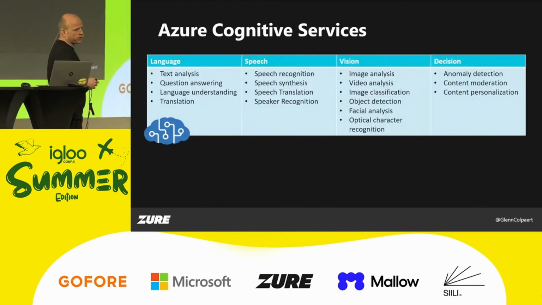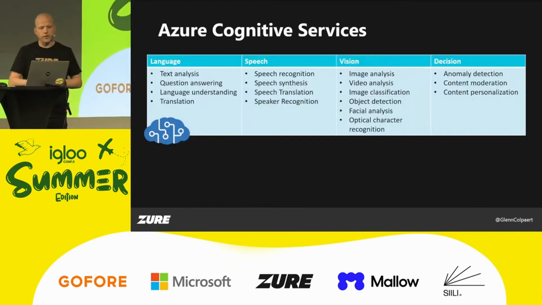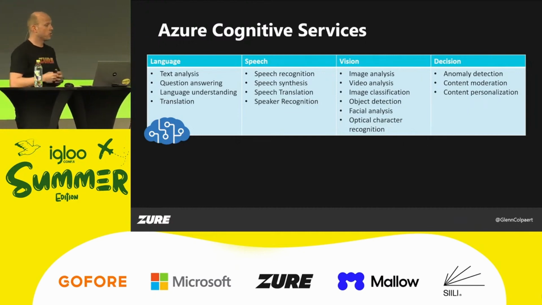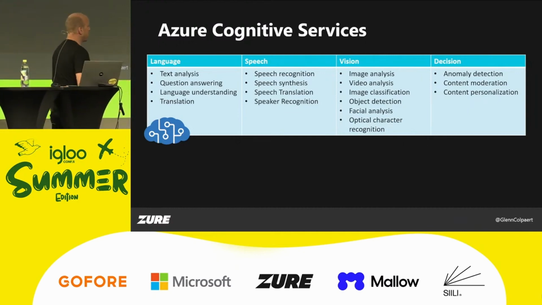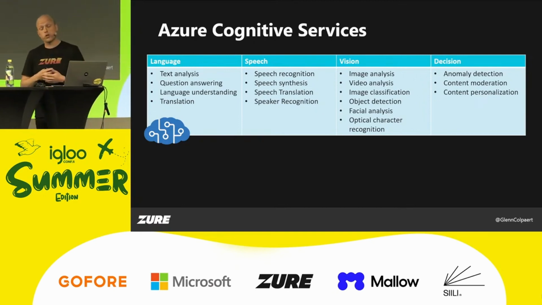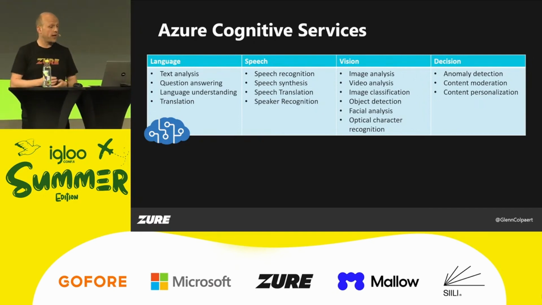So what is cognitive services? Cognitive services is a set of APIs created by Microsoft and made available for you. It allows you to do certain things on top of data. It allows you to do text analysis.